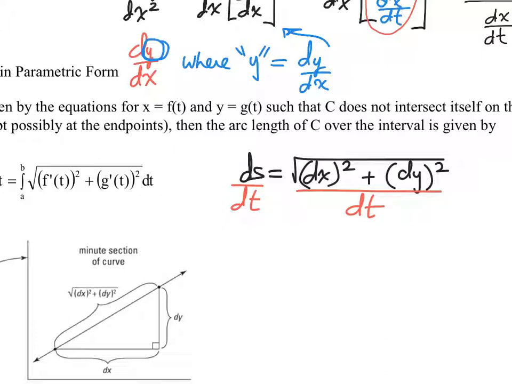But I can't just plop a square root over it. I need to come up with an equivalent expression. So what I'm going to do is square it and then take the square root. I'm going to do opposite operations because that'll give me an equivalent expression. I introduce the dt, I square it, and then I take the square root.